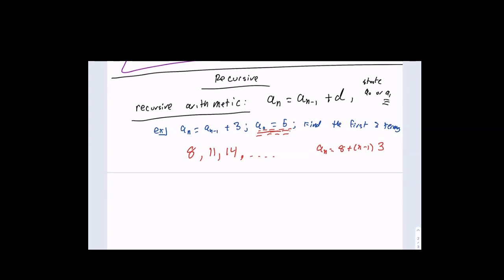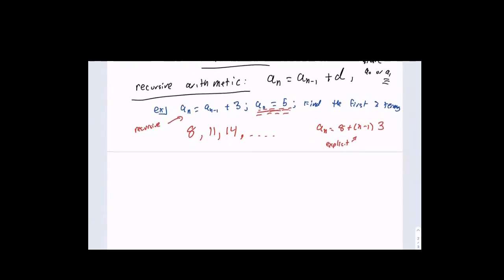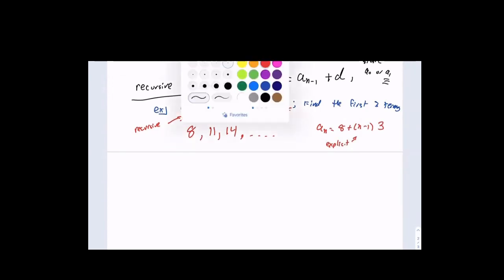So we call this the explicit, and we call this the recursive. And of course, we still have our same sequence, so they mean the same thing. This is more so how you'll be doing your problems tonight.